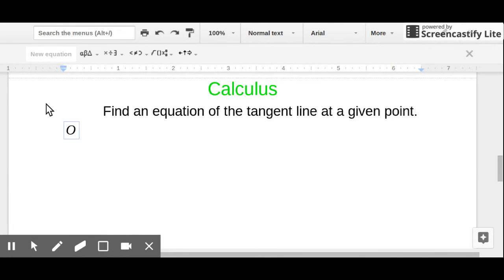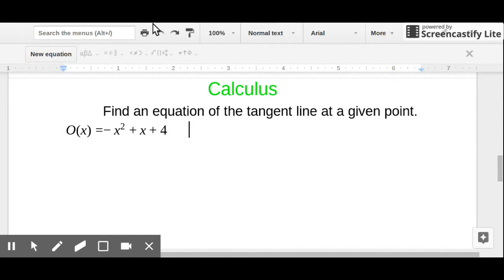O of x is equal to negative x squared plus x plus 4. I don't think we've done that one yet.